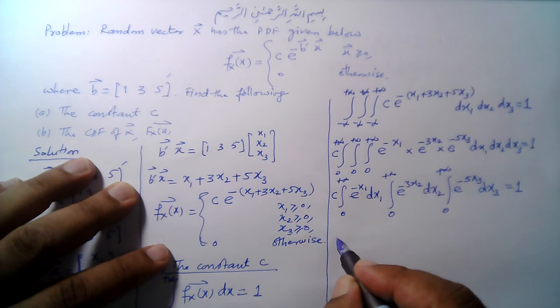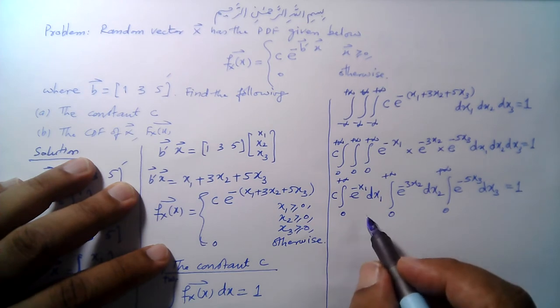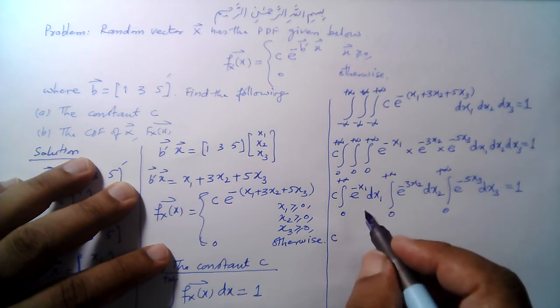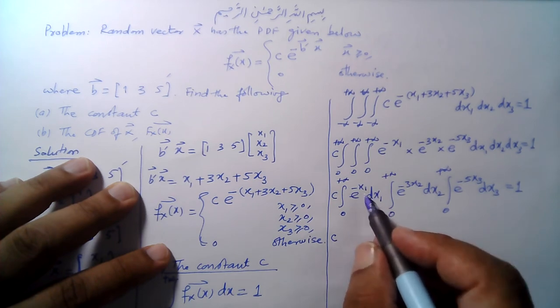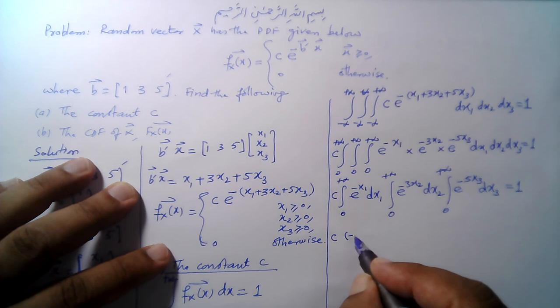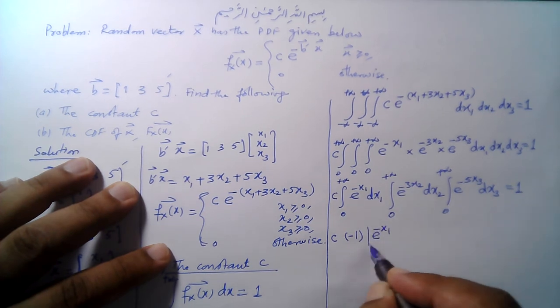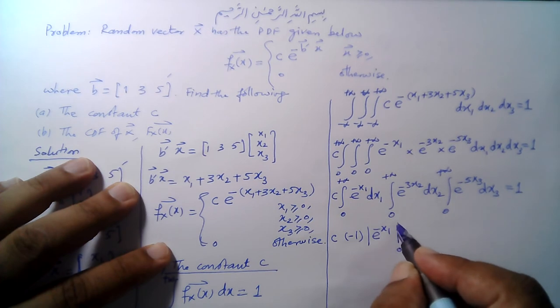So we can now find the individual integrals. Here c is a constant, and the integral of e raised to power minus x1 comes out to be minus 1 multiplied by e raised to power minus x1, with limits 0 to infinity.